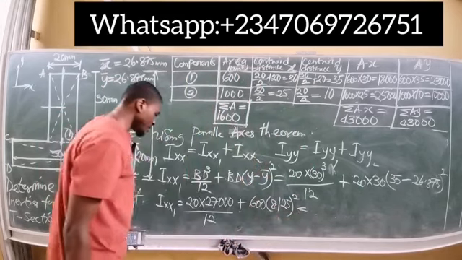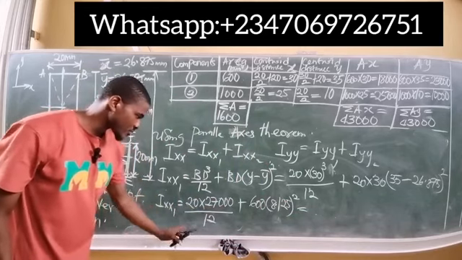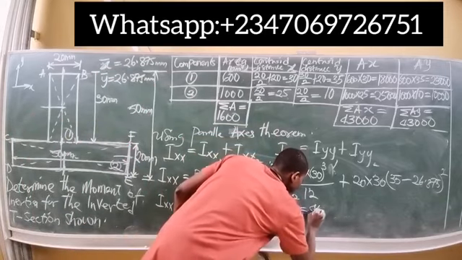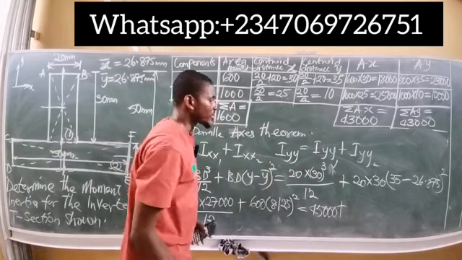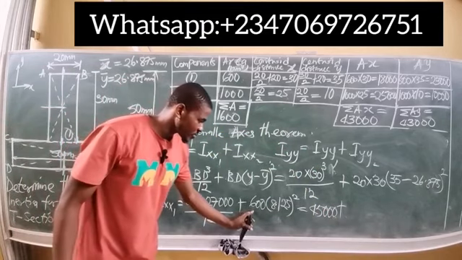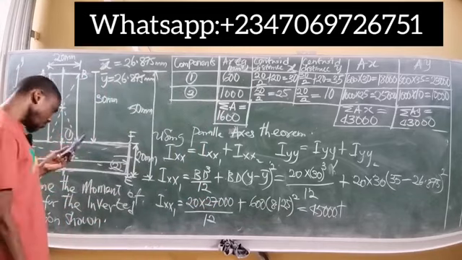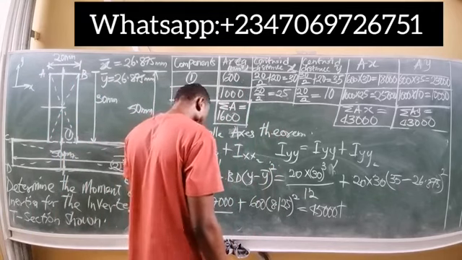If we evaluate this, 27,000 divided by 12 gives us 45,000. Plus 600 multiplied by 8.125 squared, which gives us approximately 39,606.